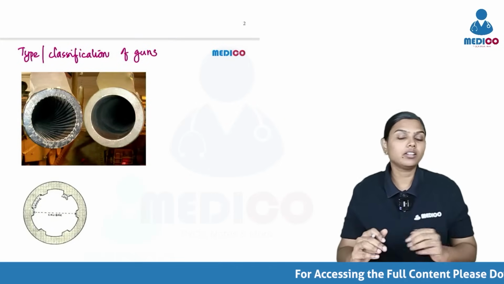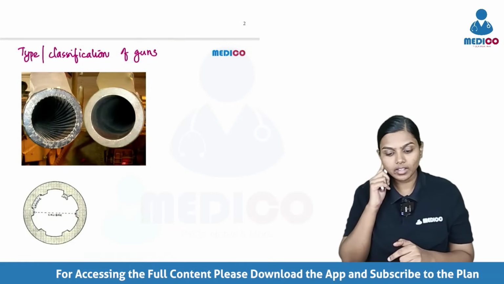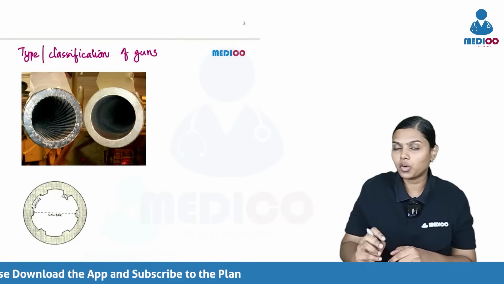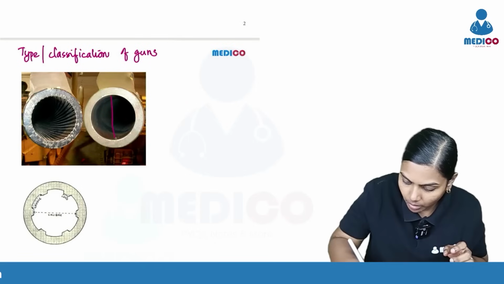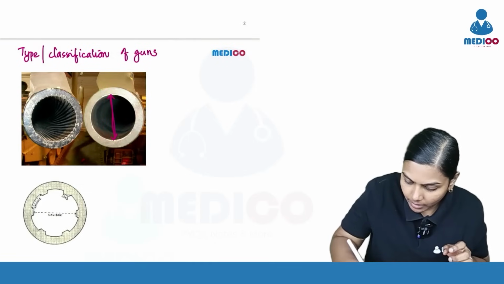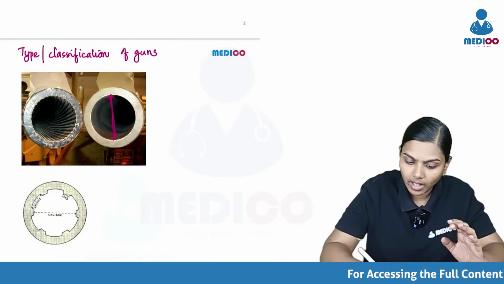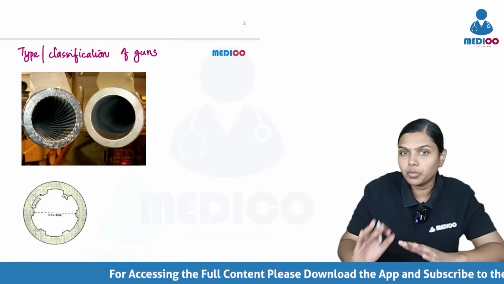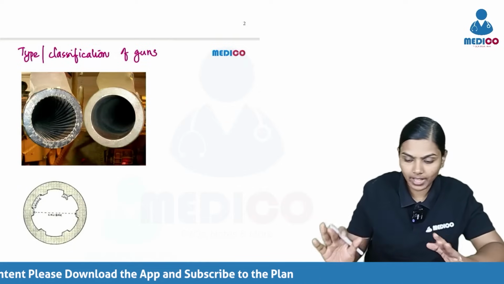There are a lot of classifications, but the only classification that is relevant to us is based upon the bore of the gun. The bore is the vacuum space inside the barrel of the gun. And based upon whether this bore is smooth or not, we classify the firearm.